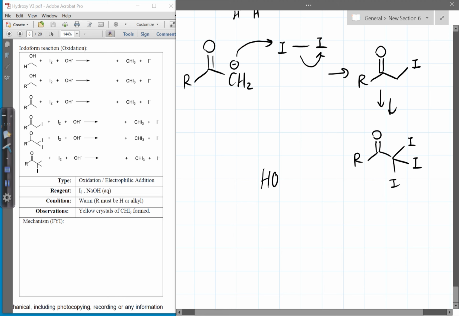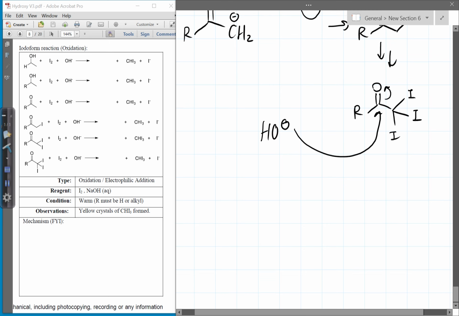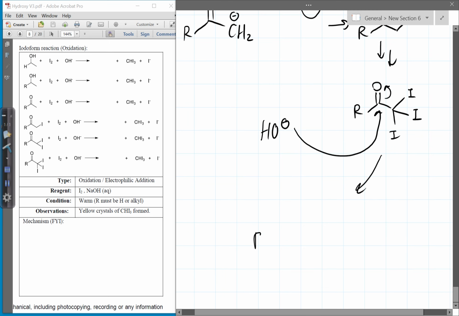What will happen now is that OH minus, which acts as a nucleophile because there are no acids present here, attacks here in pretty much the same way as nucleophilic addition, to form this species with CI3. This is just a nucleophilic addition.